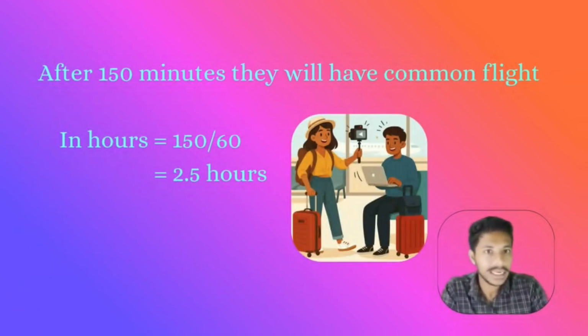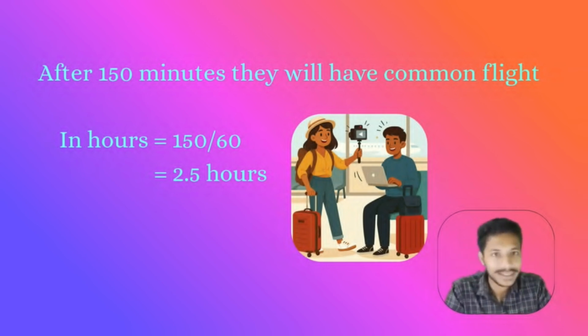Neha and Sunny can sit in a cafe and share their experiences of the last 5 years for these 2.5 hours. And after 2.5 hours, obviously they have a common flight. They have to fly. Yes, this is an example where we can apply least common multiple in our daily lives.